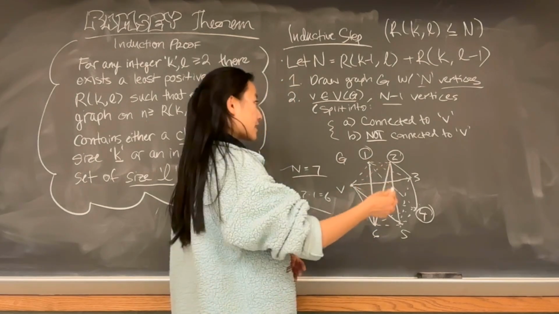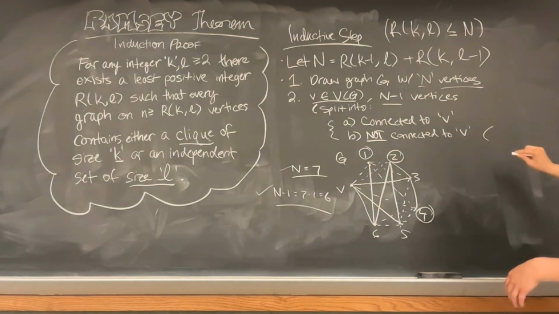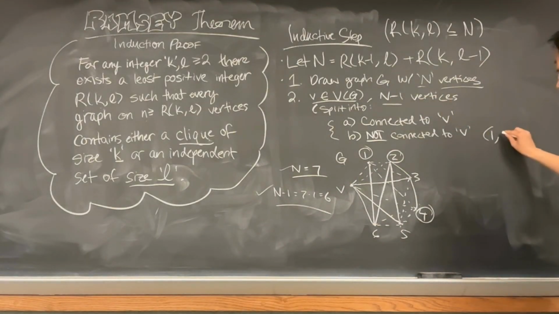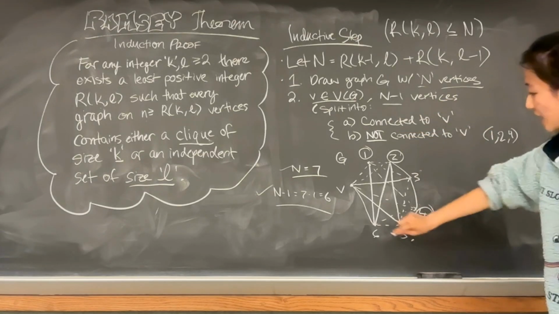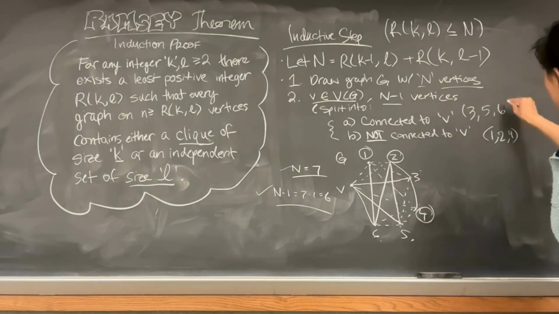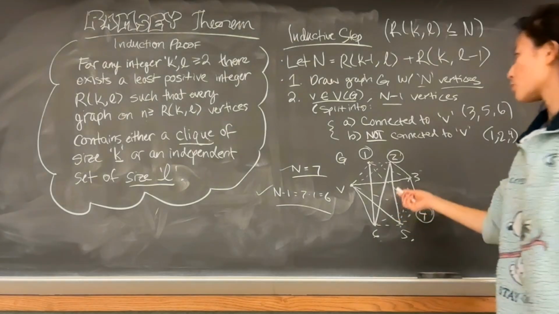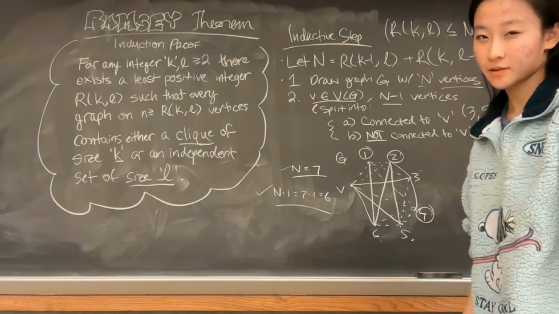So if we split these into connected and not connected, the not connected would be 1, 2, 4, and the connected would be 3, 5, and 6. That's just what this part of the inductive step means.